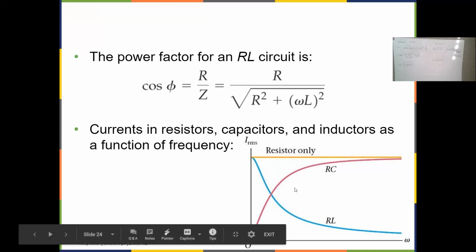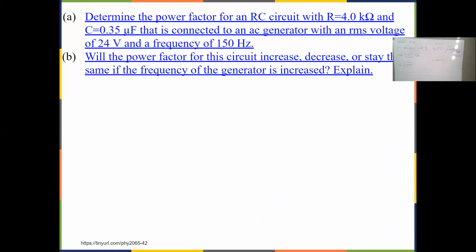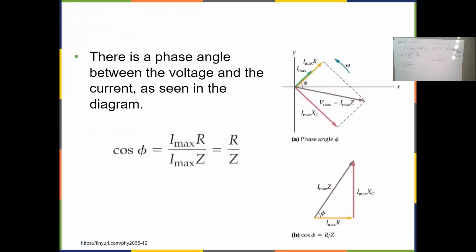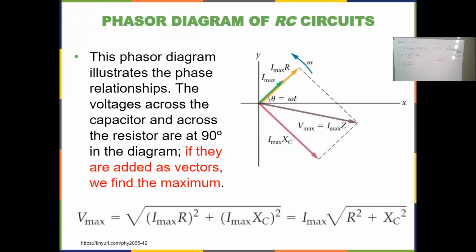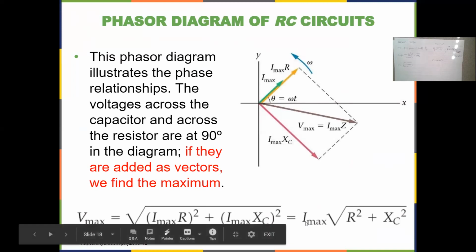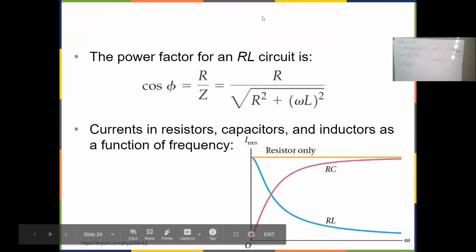Now, if you have an RC circuit, you can see the current. If we go a couple of slides back, let me see. Here, okay, you can see the current is equal to V divided by the square root of this. Or maybe let me show you on my paper here, it should be easier to see.